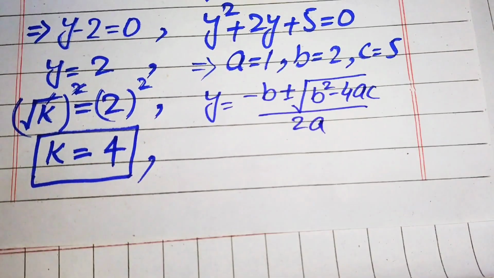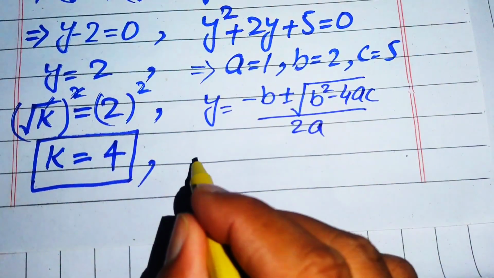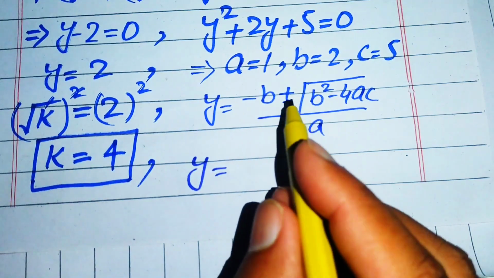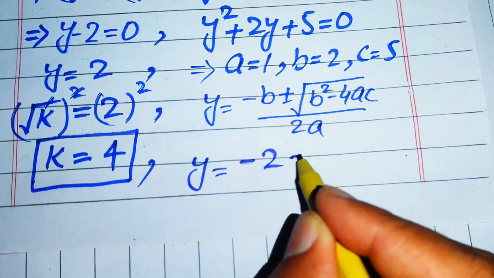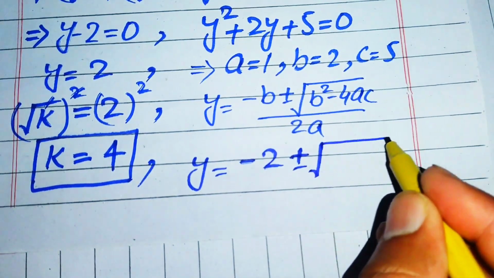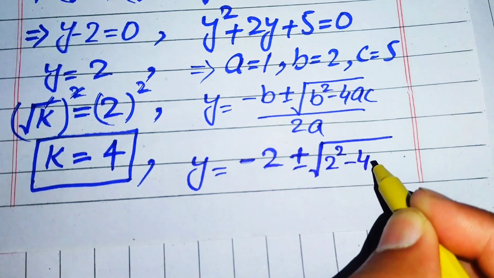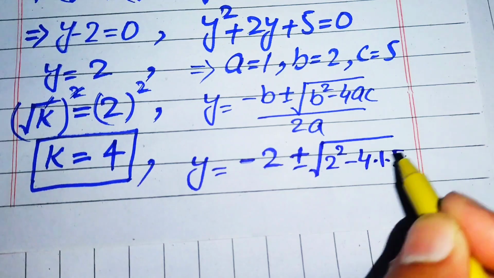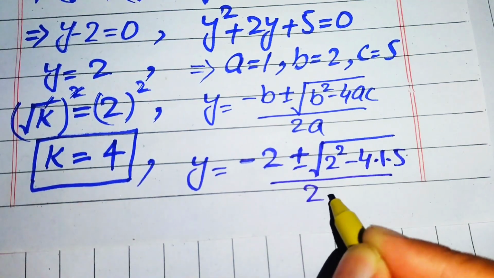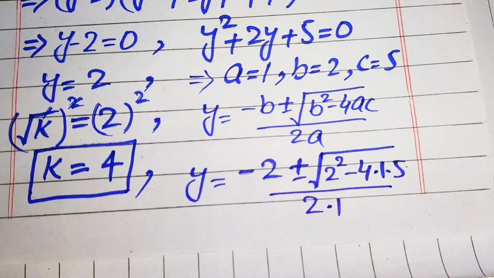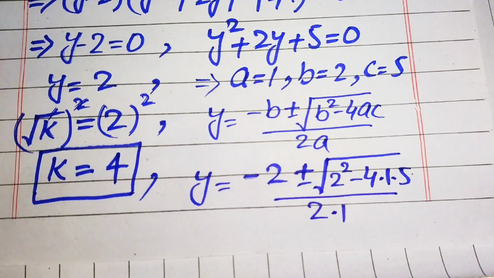So this is our quadratic formula, and now we substitute the values of a, b, and c. So the value of b is minus 2 plus minus square root of b square, so b is 2 square, minus 4 times a which is 1, and c is 5, and this whole divided by 2 times a, and our a is equal to 1.